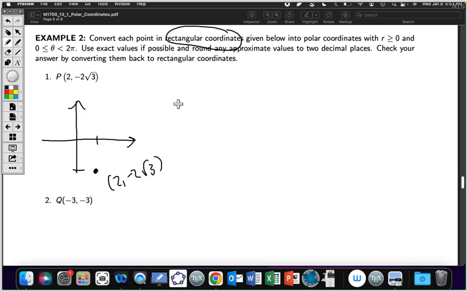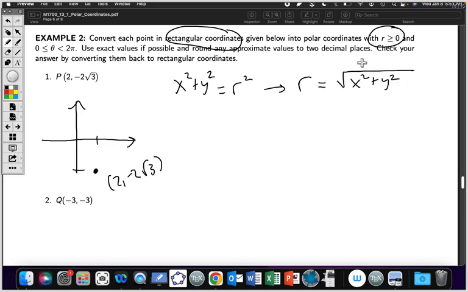All right, so we go back to our conversions. x squared plus y squared is r squared. And since we want r to be bigger than or equal to 0, we can take r to be the square root of x squared plus y squared. That should look familiar, right? I remember doing a lot of these problems back in chapter 10.